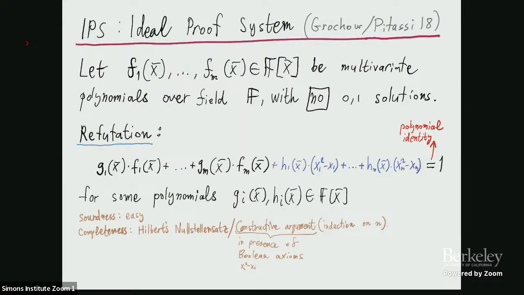So you see every summand here is a multiplication of one axiom and some arbitrary polynomial that I choose for my proof. And I'm going to say it is 1. Namely, 1 here is a polynomial identity. So it's important, it's not 1 as a function. It actually means that when you multiply out all the brackets and sum everything, all the monomials are 0 except the constant monomial, and it is 1.